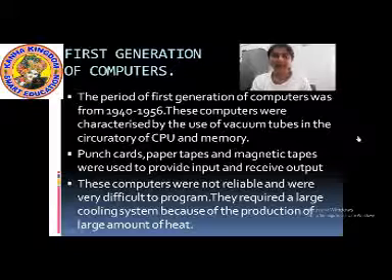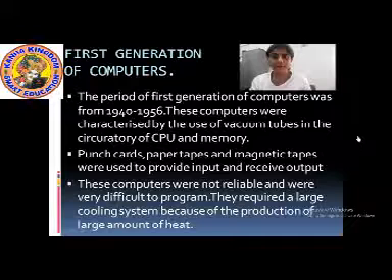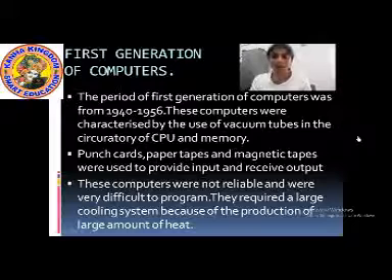In the first generation of computers, these vacuum tubes were used in the circuitry of the CPU to perform different programs, along with the memory. But these computers were not so reliable to work.